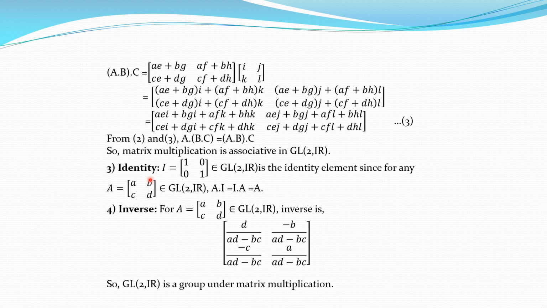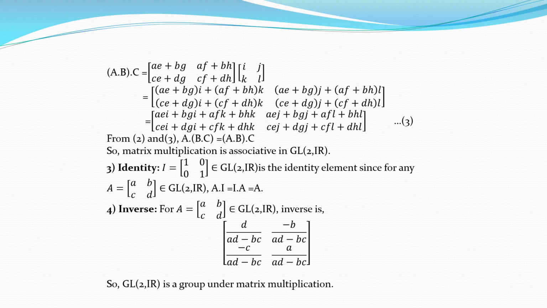Now, inverse. For A equal to ABCD in GL2R, we get this matrix say B such that AB equal to BA is equal to the identity matrix. So this is the inverse of matrix A equal to ABCD. Thus all the four properties of a group are satisfied. So GL2R is a group under matrix multiplication.